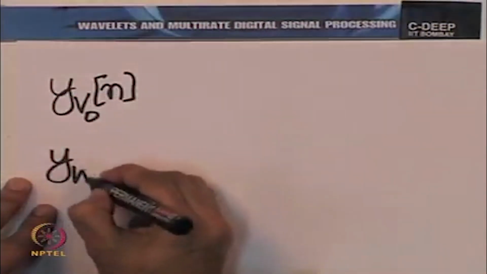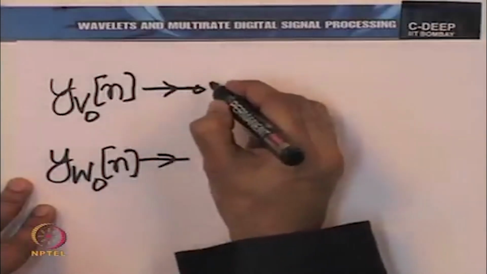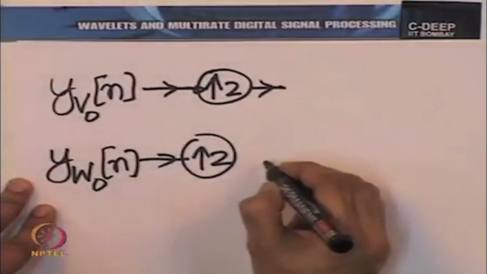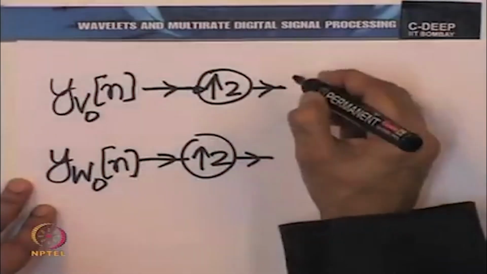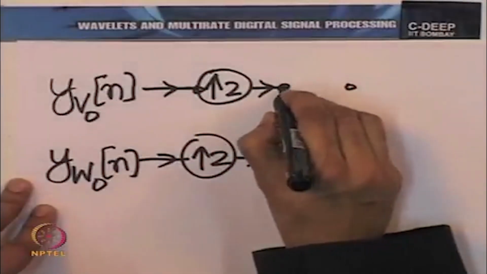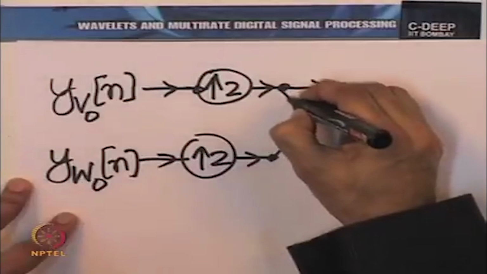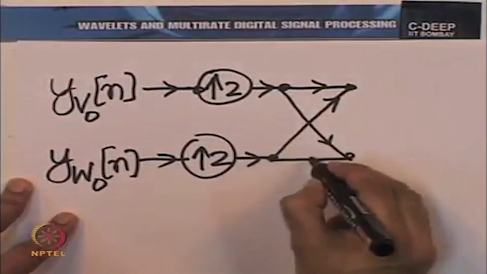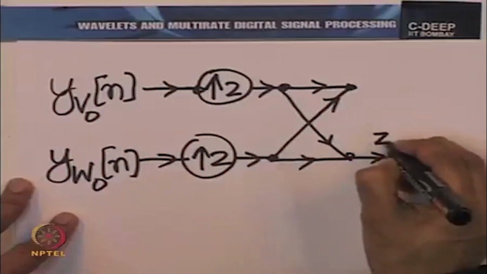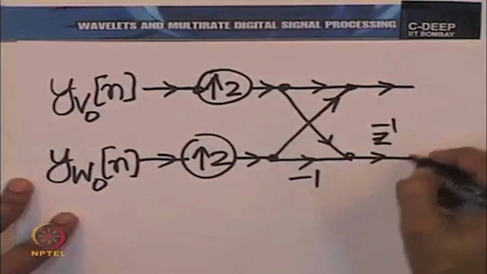YV0n, YW0n, upsample by 2, follow it with a sum difference operator, but remember there is a Z inverse there. And this is what is added.